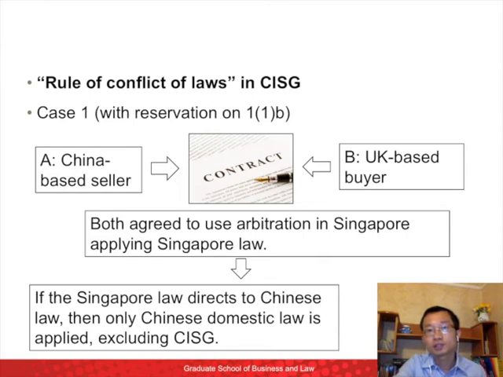According to the law of Singapore, the applicable law to the disputes is Chinese law. Then the arbitration tribunal will apply Chinese domestic law and exclude the convention because China has made a reservation on Article 11b.